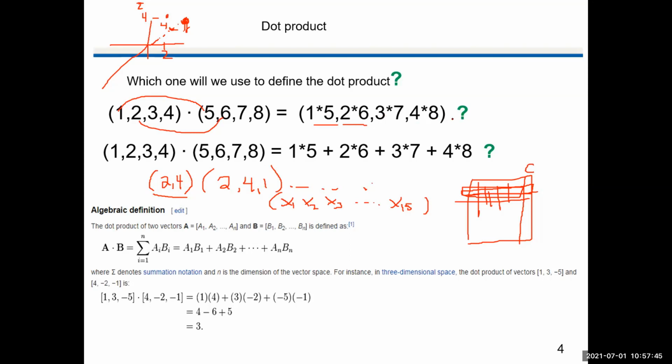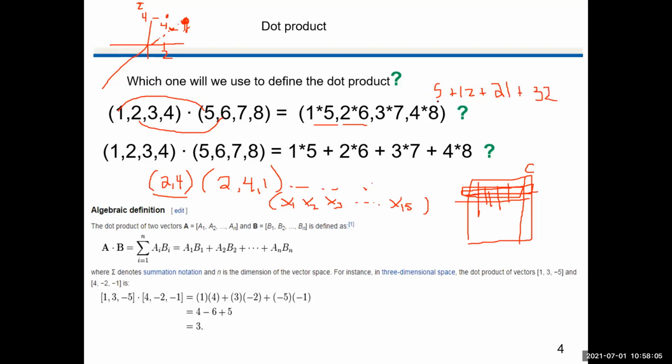But we don't stop there. What we do is we add those numbers together. So we would take 5 plus 12 plus 21 plus 32.